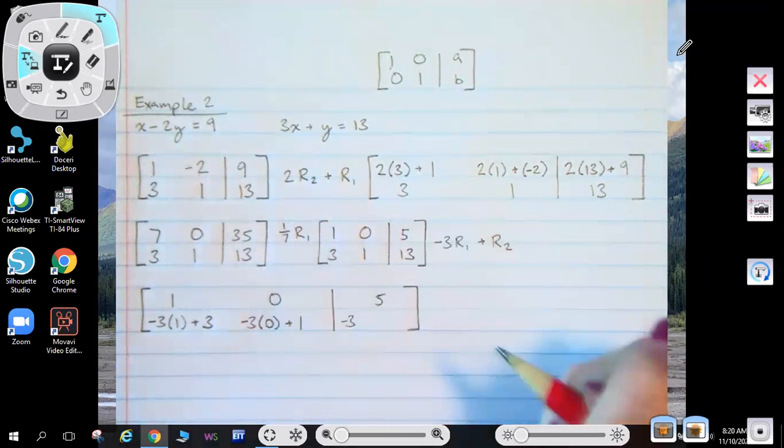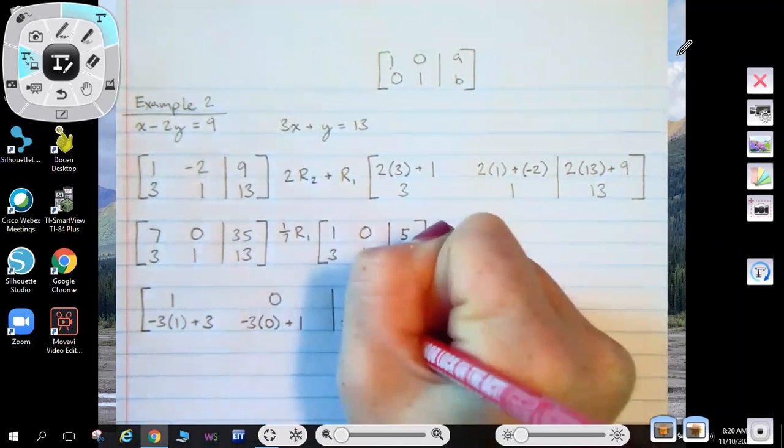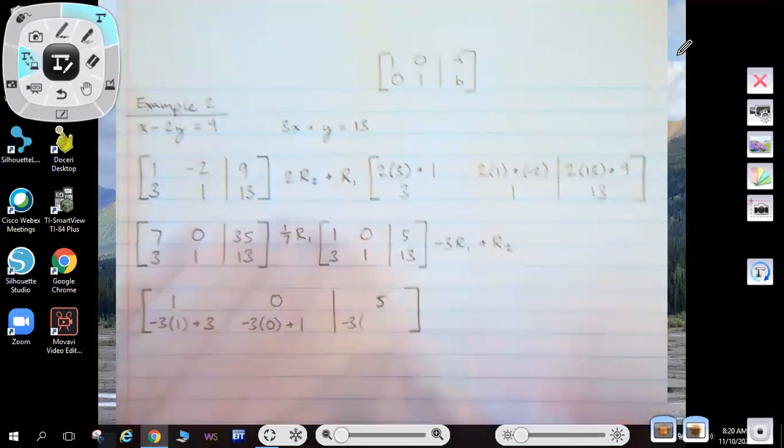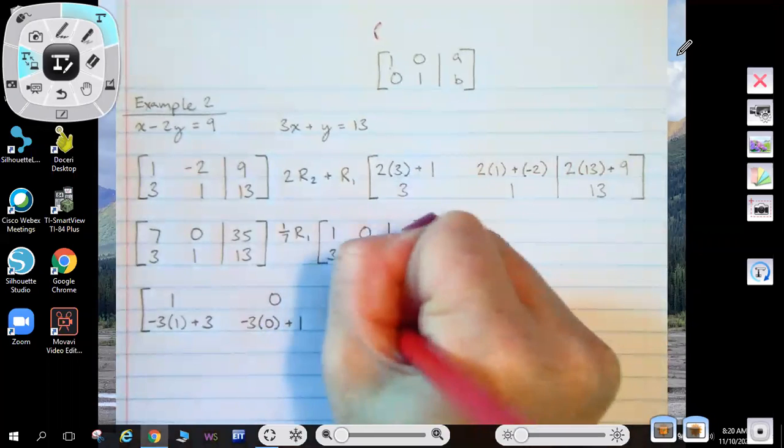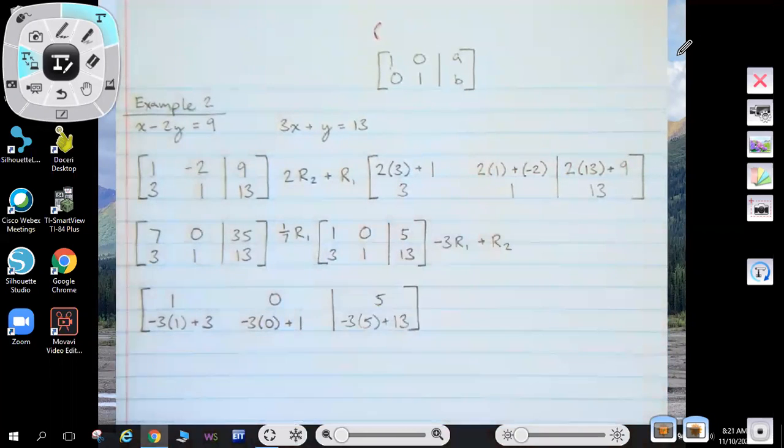Third spot, -3 times row 1, which was 5, plus row 2, which is 13.